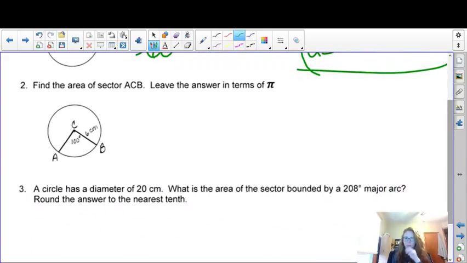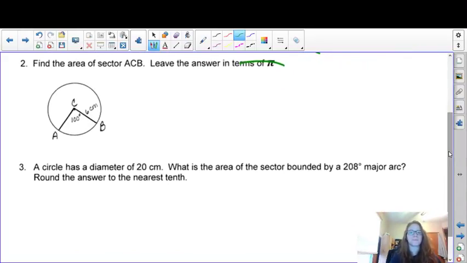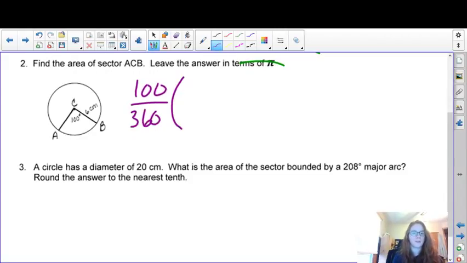All right, problem number 2. Find the area of sector ACB. And again, we're going to ignore the leaving it in terms of pi. We're going to give a decimal answer again. So I'm going to take the arc degree, and since my central angle is 100, the arc is also 100. So 100 divided by 360 times my radius, which I can see my radius is 6, squared times pi.